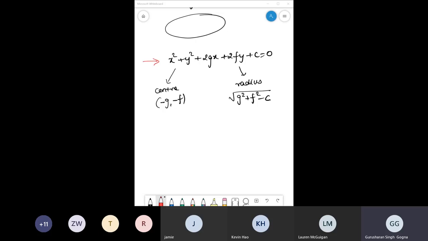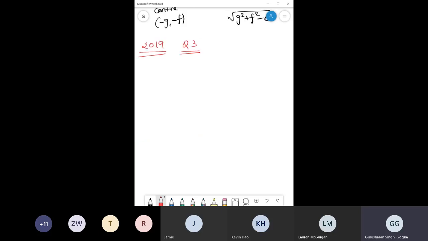It's a 2019 paper, question number 3, part A. The point minus 2 comma k is on the circle.